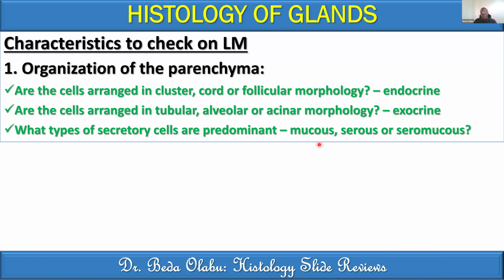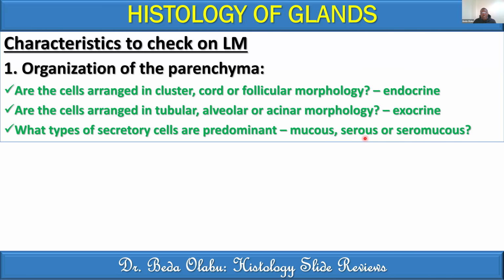If it is predominantly mucus, it means that the acinous cells produce a mucus secretion. How do mucus secretions look like on light microscopy? They tend not to stain. They don't pick color because the stains we use are most likely hydrophilic dyes. So they don't take them. So they'll appear clear. You see the cell outline, yes, but it's clear.